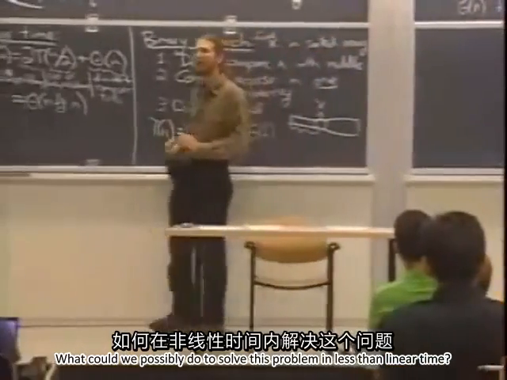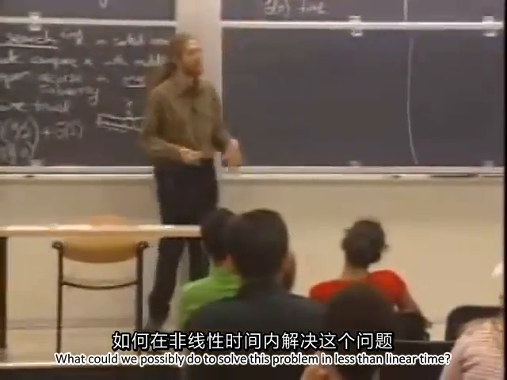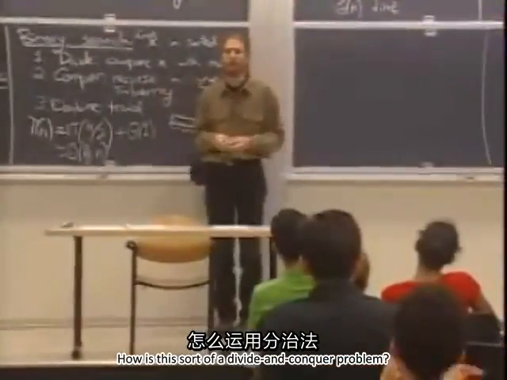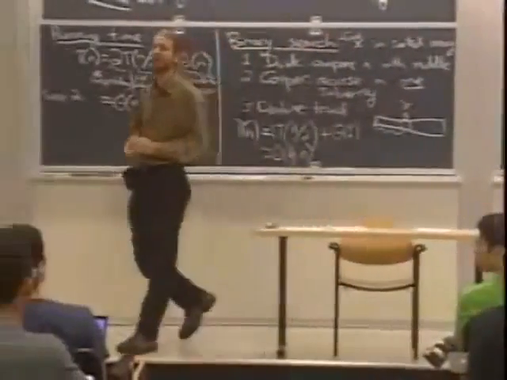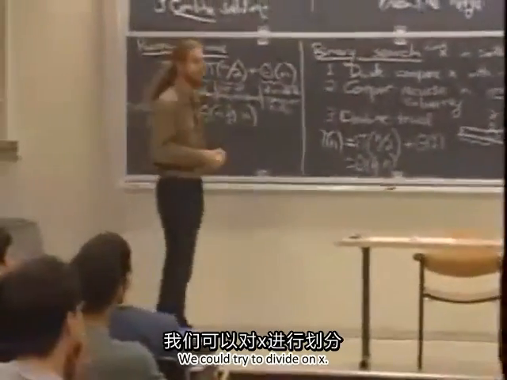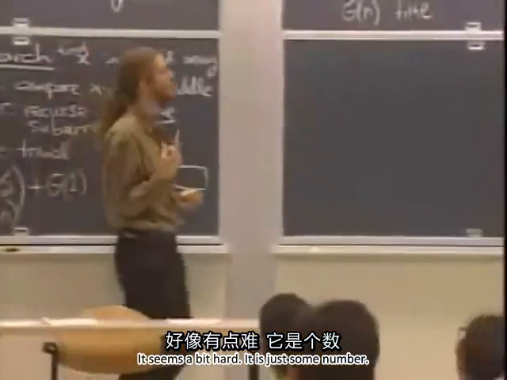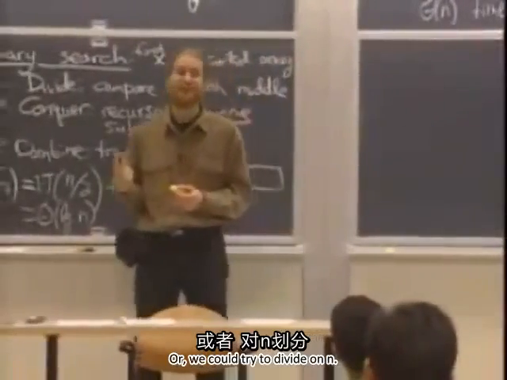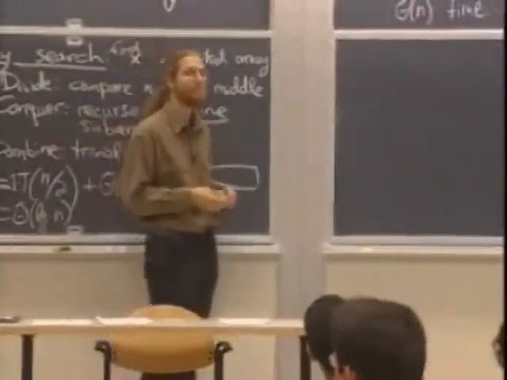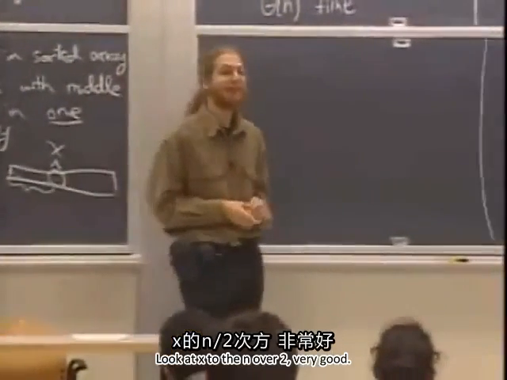What could we possibly do to solve this problem in less than linear time? How is this a divide and conquer problem? We have two inputs, x and n. So we could try to divide on x. It seems a bit hard. It's just some number. Or we could try to divide on n. Any guesses? Look at x to the n over 2.